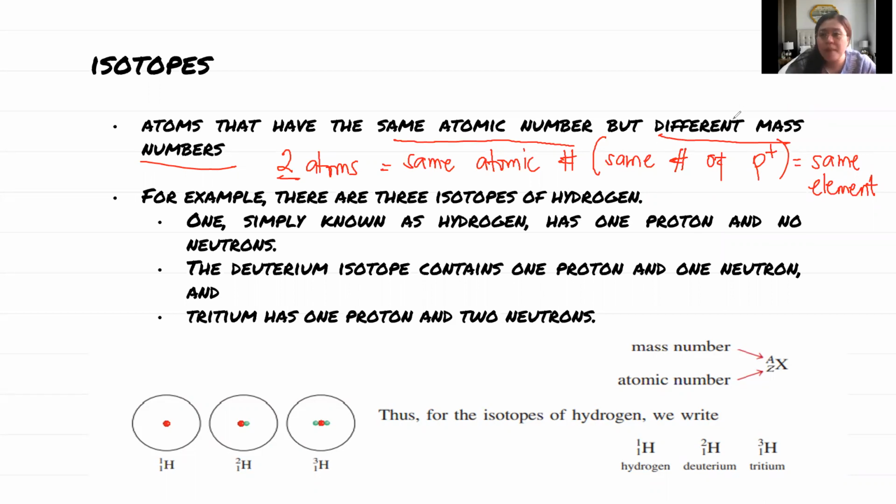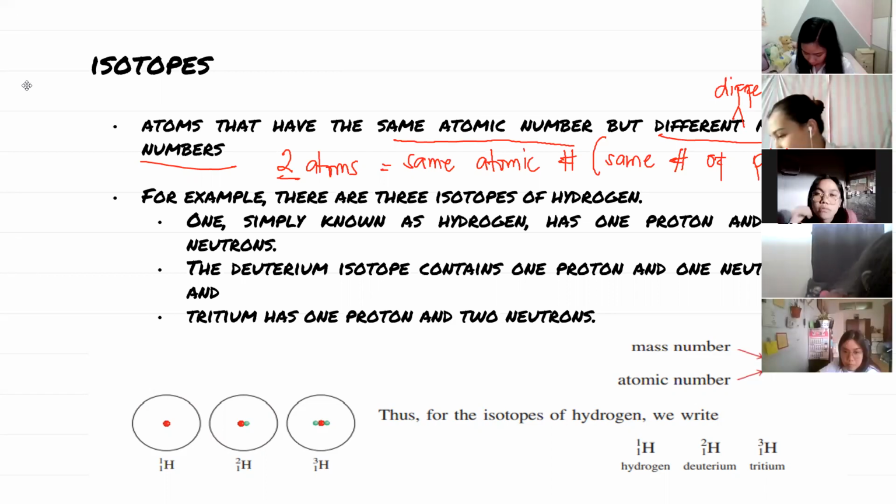Why? Because they have different numbers of neutrons. This is the reason why they have different mass numbers. I hope you followed. We call them isotopes. Let me give you an example: we have here, class, three isotopes of hydrogen.